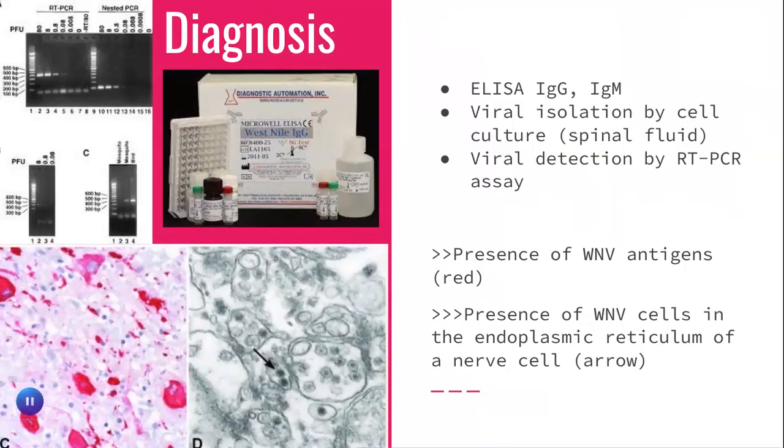Now, for these pictures down below, the one with the letter C labeled, these red-looking, ovular-looking cells are the presence of the West Nile virus antigens. And for the picture with the letter D on it, these black, spherical, circular dots are the presence of the West Nile virus cell in the endoplasmic reticulum of a nerve cell.